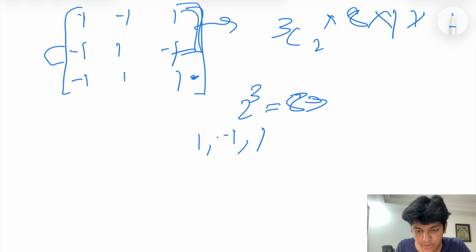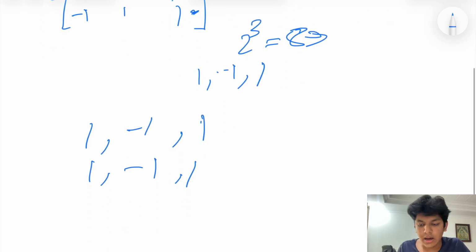So for example, we choose the 3c2. From 3c2 we choose the first two rows. The first two rows are 1 minus 1 1 and 1 minus 1 1. And let's say we permit that the third row can be same as the above two rows. So let's say the third row also becomes 1 minus 1 1.